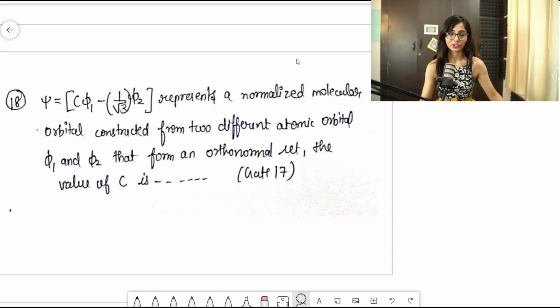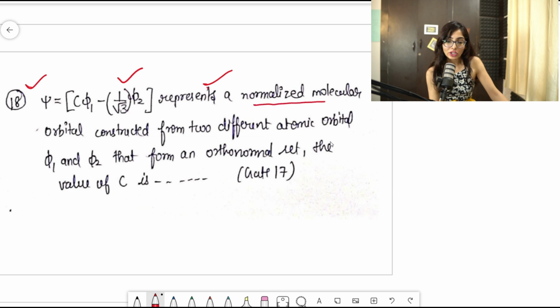The first question I'm going to take is the 18th question, which is a GATE 2017 question, and this is an important and very easy question. Trust me guys, it is very easy. According to it, psi is C phi 1 minus 1 by root 3 phi 2, representing a normalized molecular orbital.